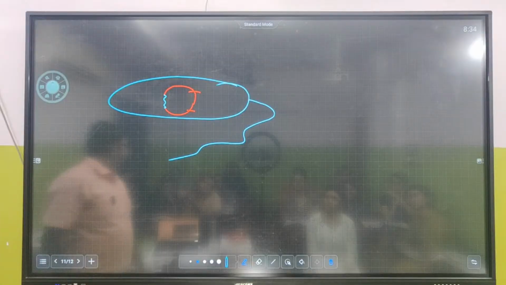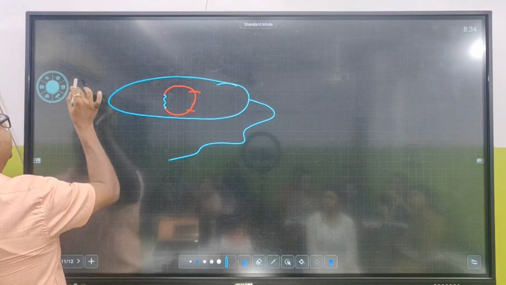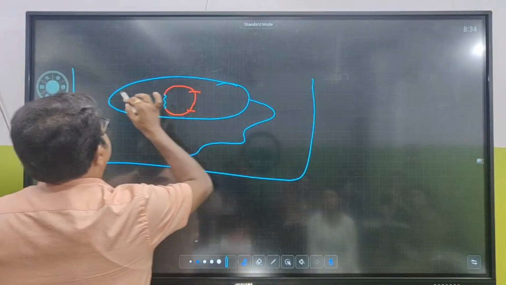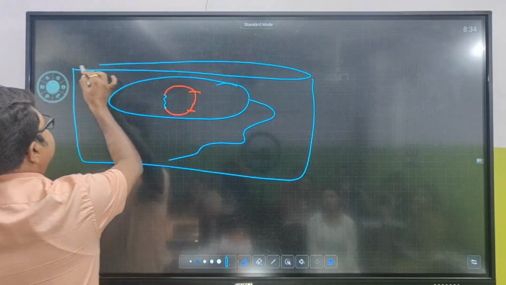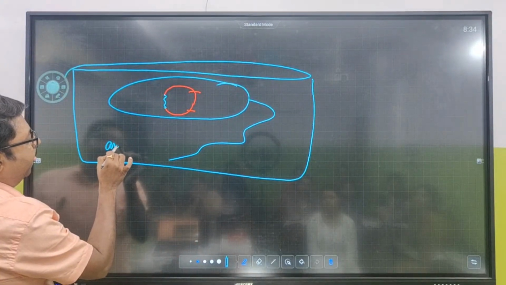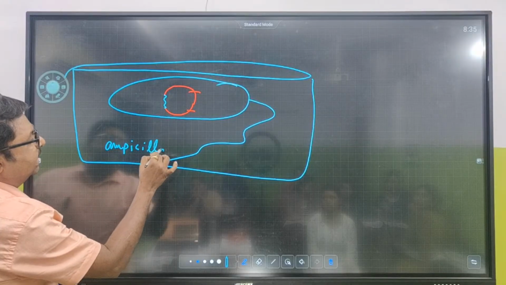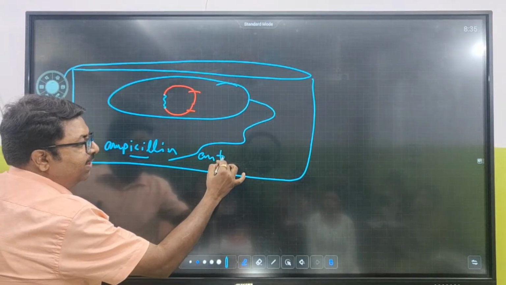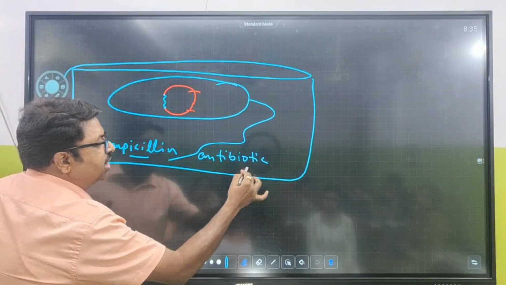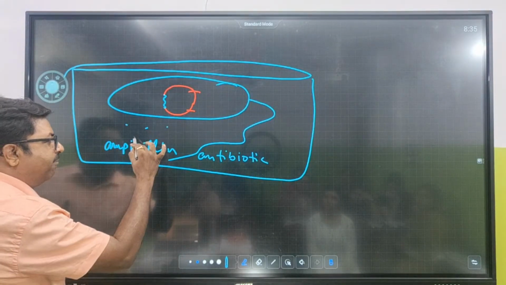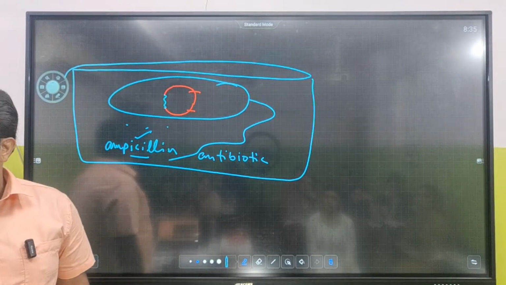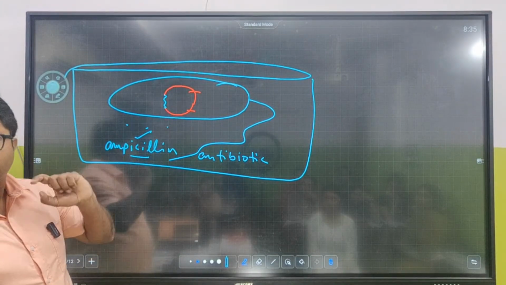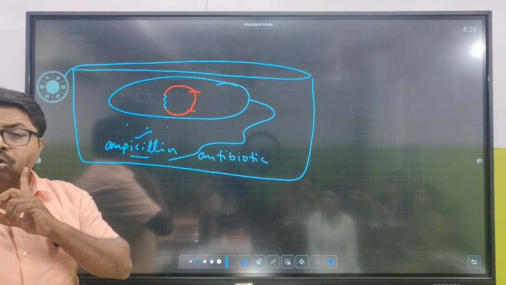If this is the bacteria and we culture it in a medium having ampicillin as antibiotic, do you think this bacteria is going to grow or not going to grow?